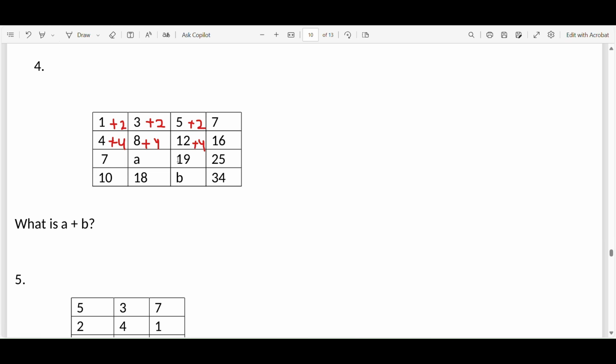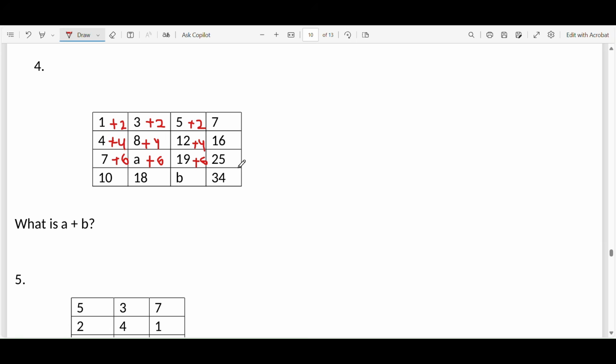So, when you see here also, 19 plus 6 will give you 25. Okay. So let me again write plus 6. So when you do like this, plus 6, 7 plus 6 will give you 13. So 13 plus 6 will give you 19, right? 19 plus 6 will give you 25.